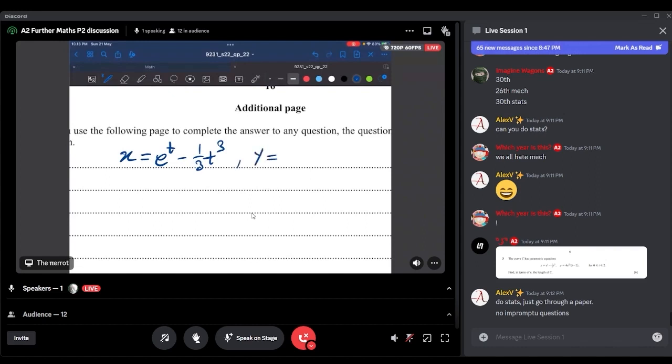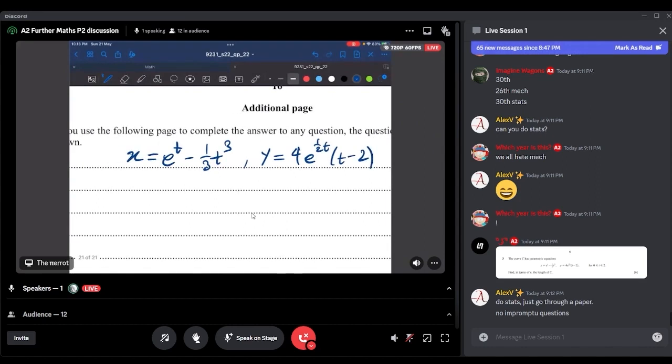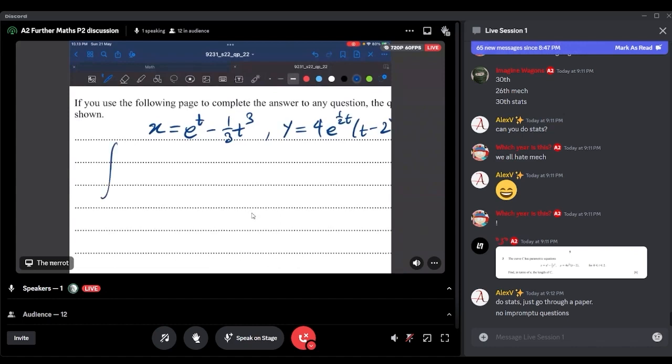Just as usual, since you want to find the length, so arc length, then you have to use the formula for arc length, in this case for parametric equations. So t runs from 0 to 2. Integrate from 0 to 2 the square root of the derivative of x squared plus the derivative of y squared. So let's do that.